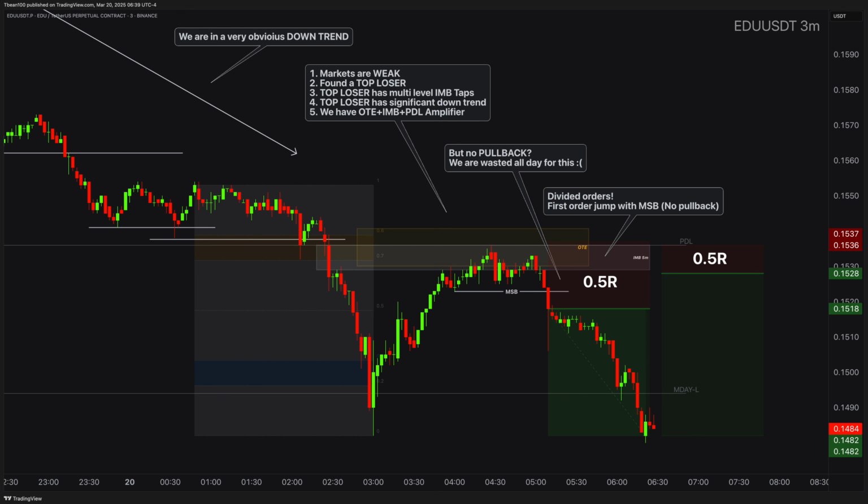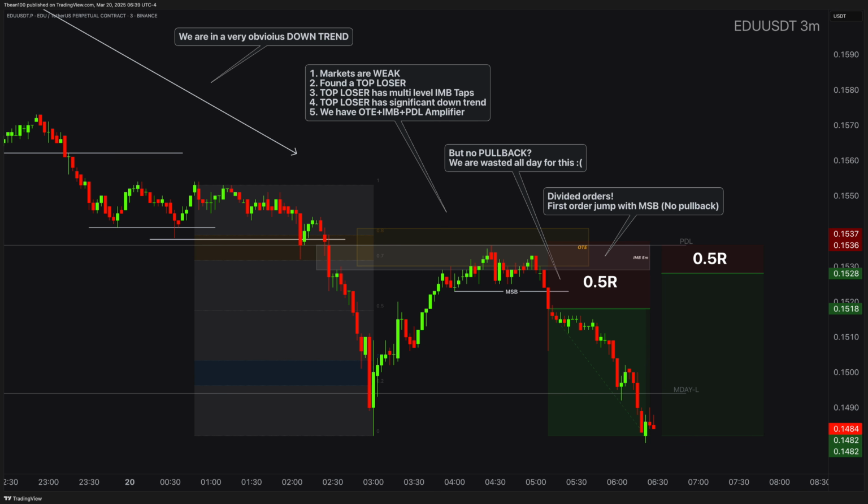So what you do is actually rather simple. You divide your orders into at least 2 pieces. For example, instead of risking 1 full R in 1 trade, you may risk 0.5 R in 2 trades. Your first entry should be right after the market structure break without waiting for any pullback.